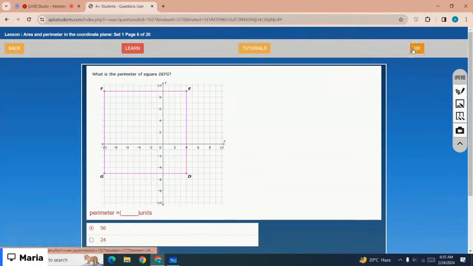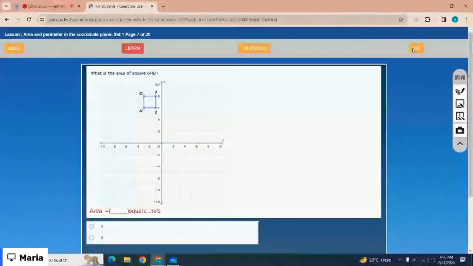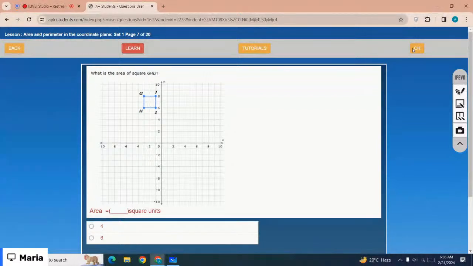The correct option. The correct option is 2 times 2. 2 times 2 is 4.